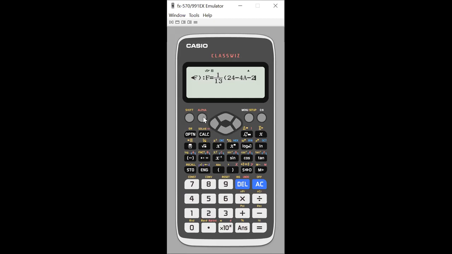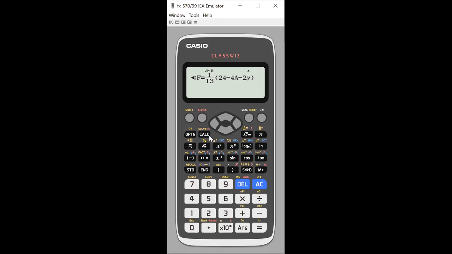New y was alpha y, because I changed y. Oh sorry, no alpha there, just close the bracket. This is your third equation. You have written your 3 equations.